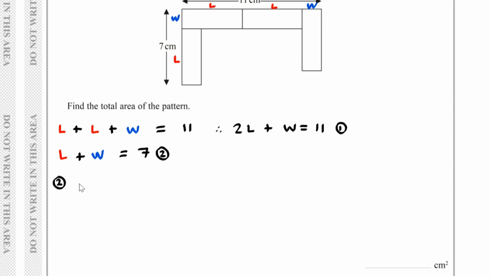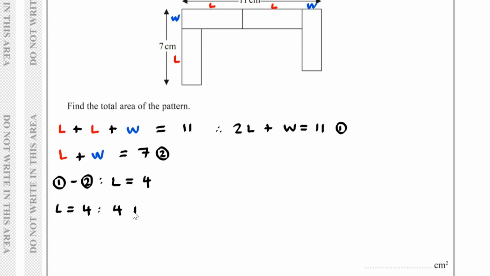So I can do equation 1 subtract equation 2. 2L take away L is 1L, W take away W is 0, 11 take away 7 is 4, L is 4, and when L is 4 we can find out what W is.